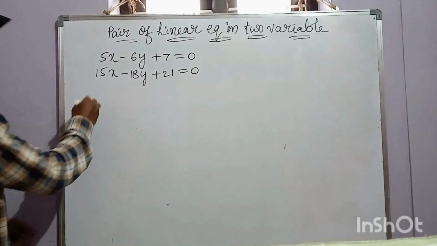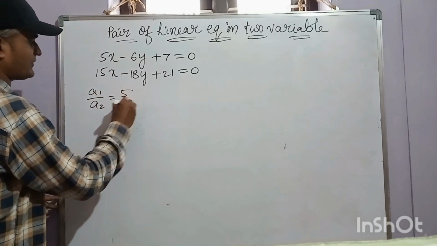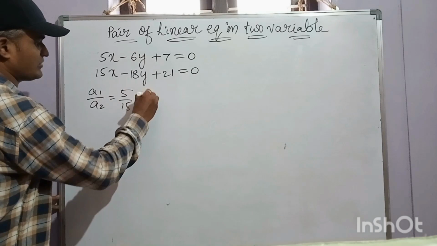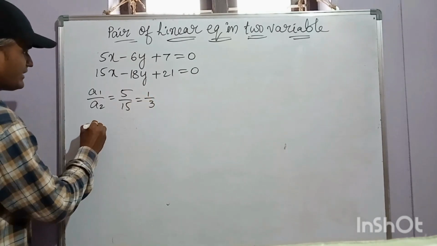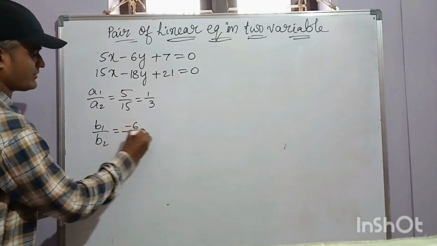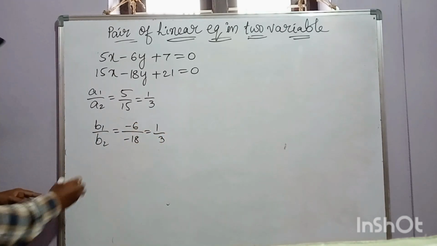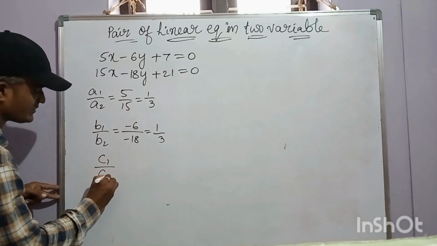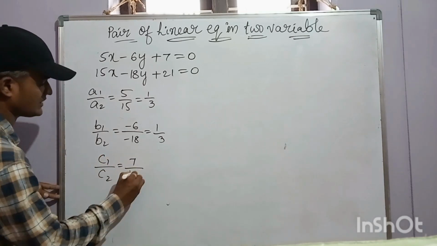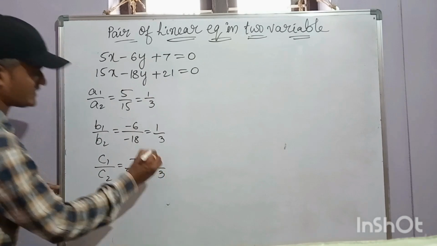You see these equations here, a1 by a2 is equal to 5 by 15, that is nothing but 1 by 3, and b1 by b2 is minus 6 by minus 18, that is also 1 by 3, and c1 by c2 is 7 by 21, so this is also nothing but 1 by 3.